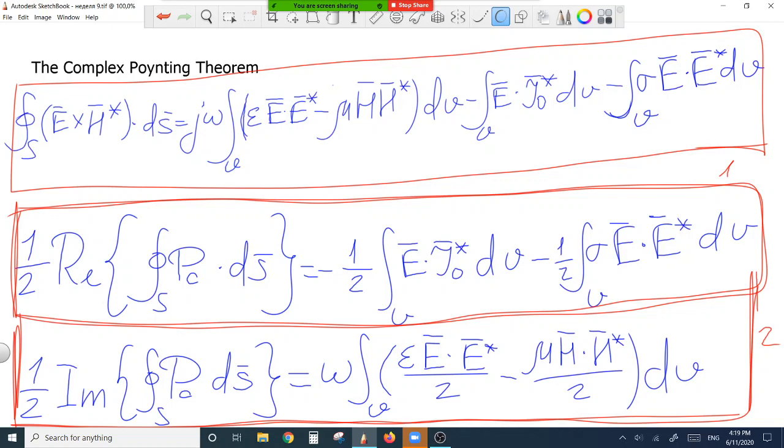The last term of equation 1 is the dissipated power in the volume. As we already know, this term is positive for the receiver case and negative for the transmitter case.